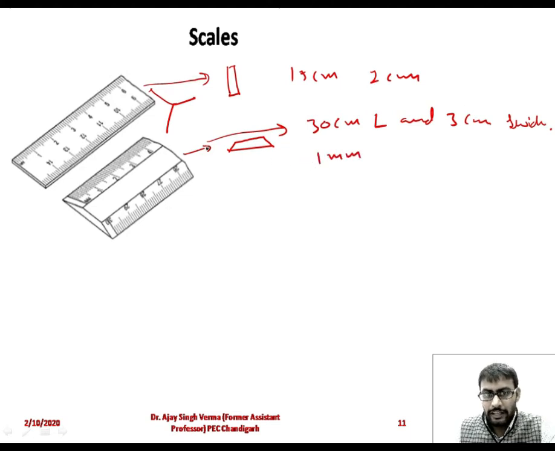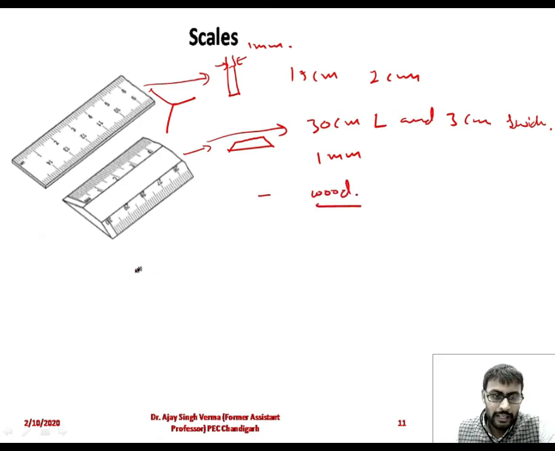These scales are used in our daily life, in your school life as well as in your engineering classes. You will see them transparent, and also made of good steel, that is chromium steel, and also made of wood.